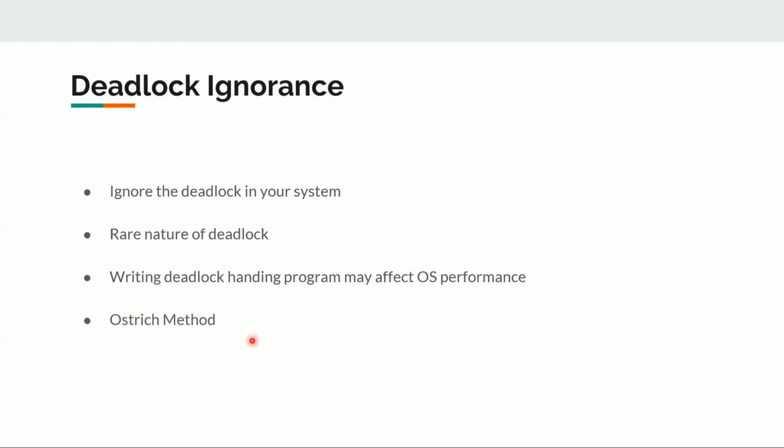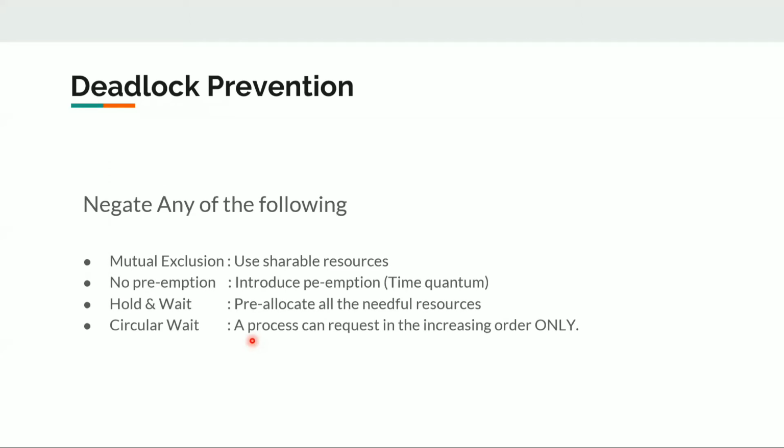Okay. So after deadlock ignorance, the second thing is deadlock prevention. For deadlock to happen, there are four necessary conditions: mutual exclusion, no preemption, hold and wait, and circular wait. If all four conditions are satisfied, then and only then will deadlock happen.